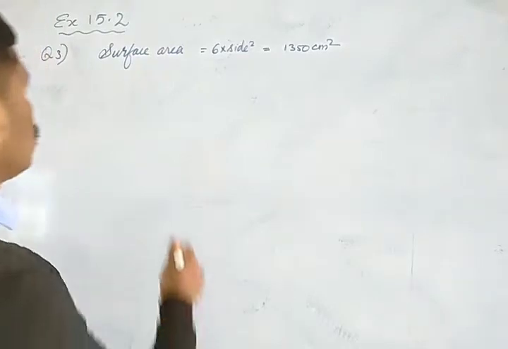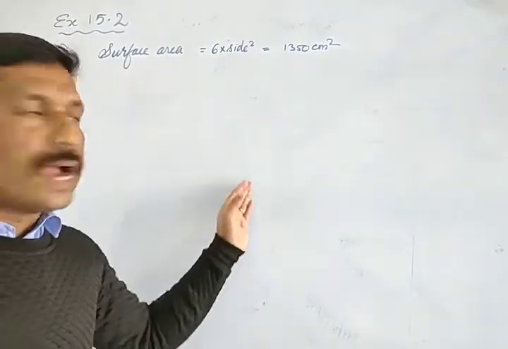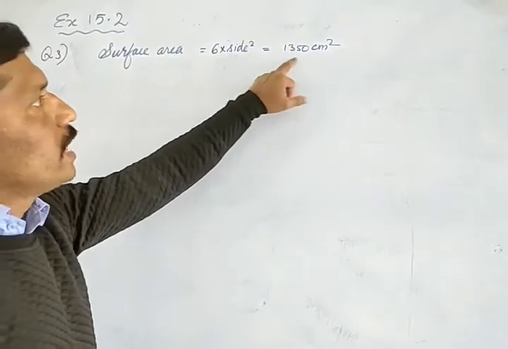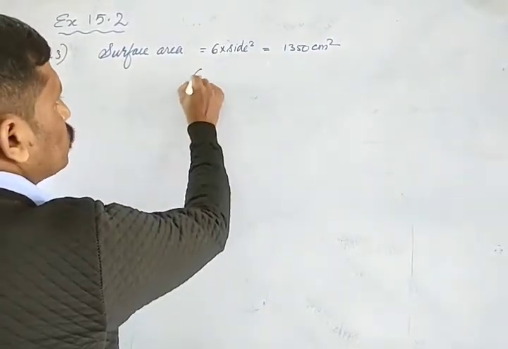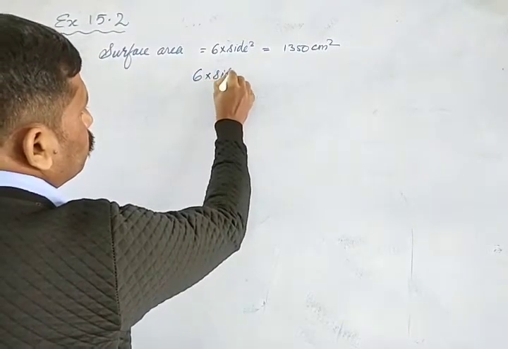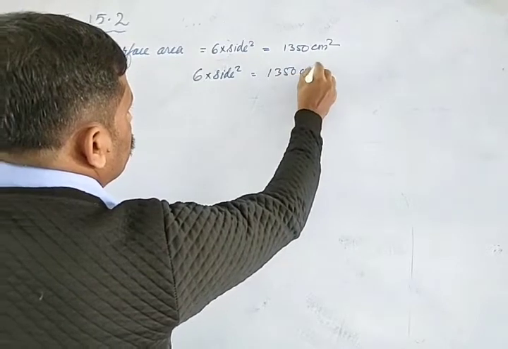So the surface area of the cube is 6 into side square, that is equal to 1350 centimeter square.